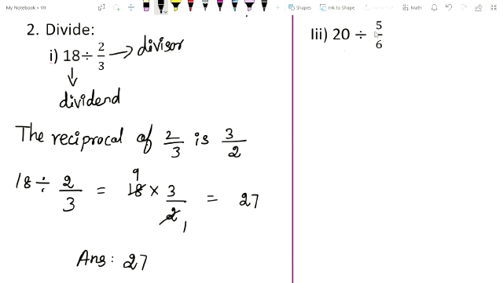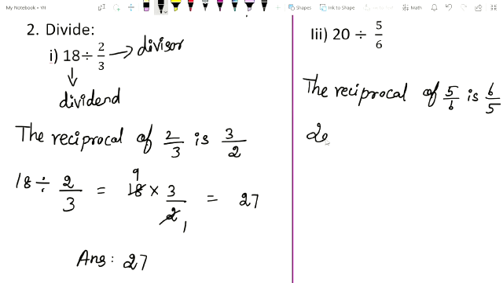20 divided by 5 by 6. Here 20 is the dividend. 5 by 6 is the divisor. Very good, children. So take the reciprocal. The reciprocal of 5 by 6 is 6 by 5.